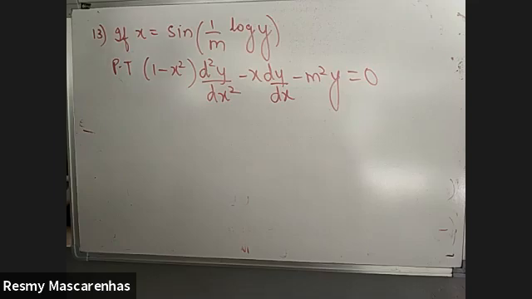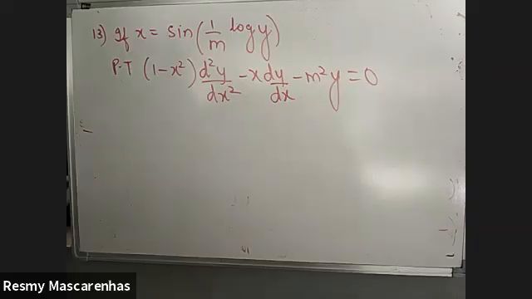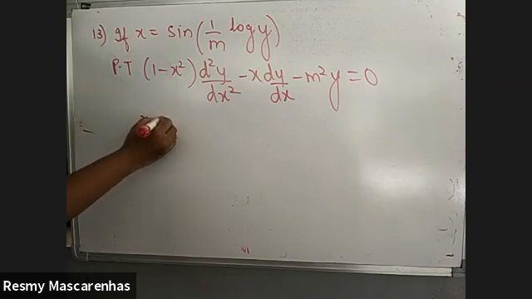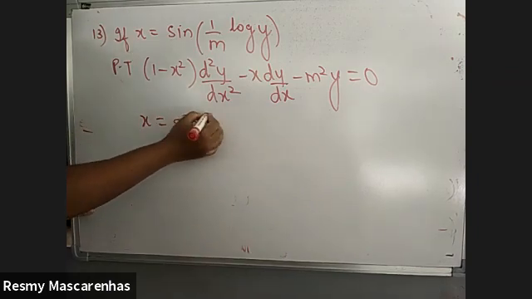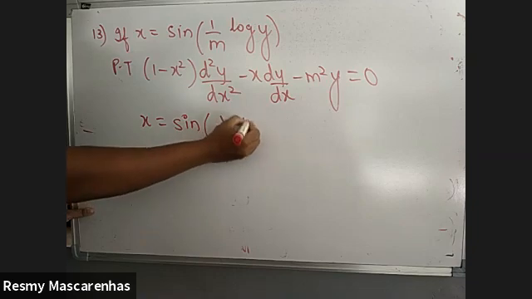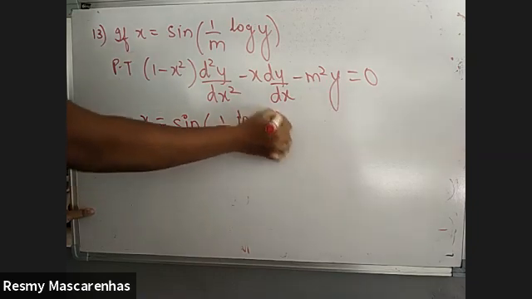Okay, so this is the question given and you have to prove this. So we are doing higher order derivatives, which means you have to differentiate it 2 times. X is equal to sine of 1 upon m log y.